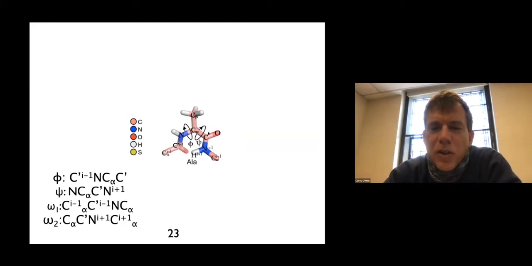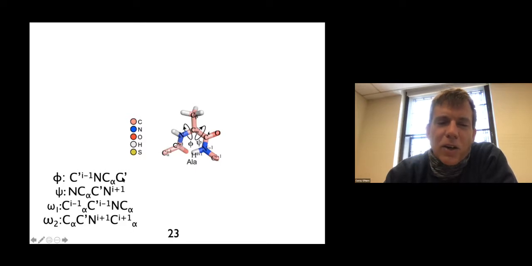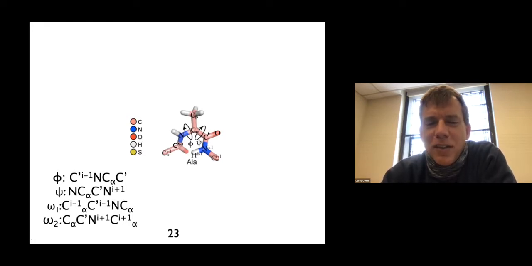Here's the standard definition for how you define the backbone dihedral angles. When you're looking at this dipeptide, there are 4 backbone dihedral angles that you can make. I'm going to go back and forth because it happens in the literature that C prime means the carboxyl carbon, but sometimes I drop the prime and it'll just say C. So sorry. If you see C without an alpha or C with a prime, that means the carboxyl carbon.